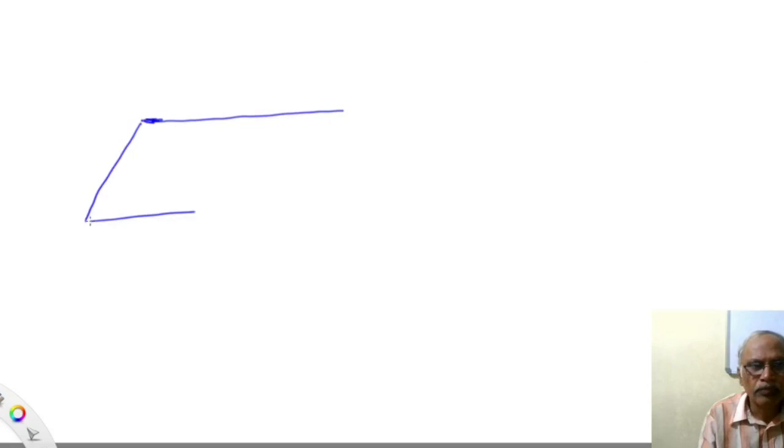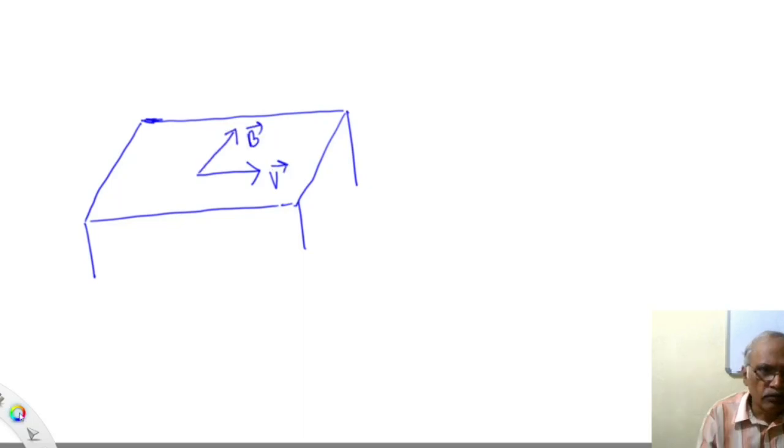Suppose V bar is along this side, the charged particle moving along this direction, and B bar is along this side, and theta is the angle between V bar and B bar.